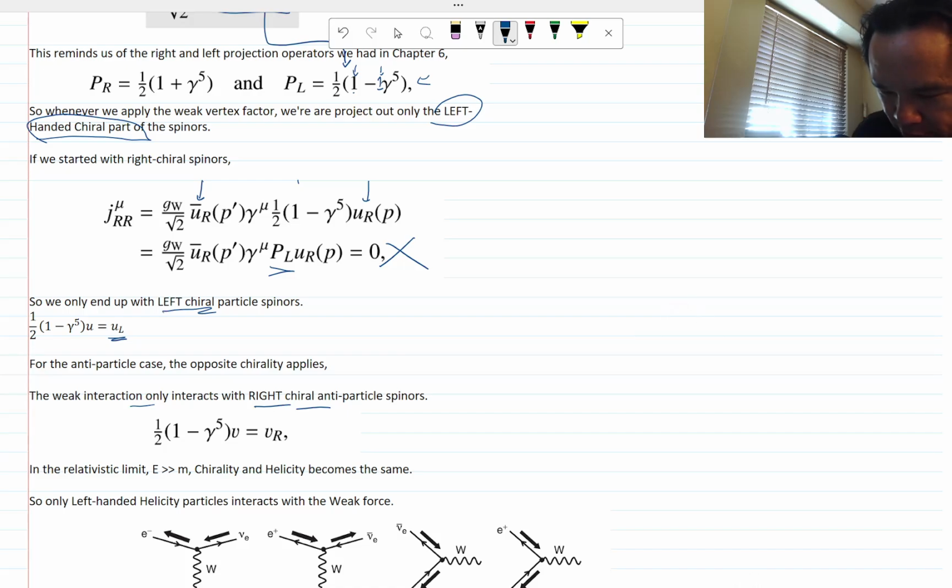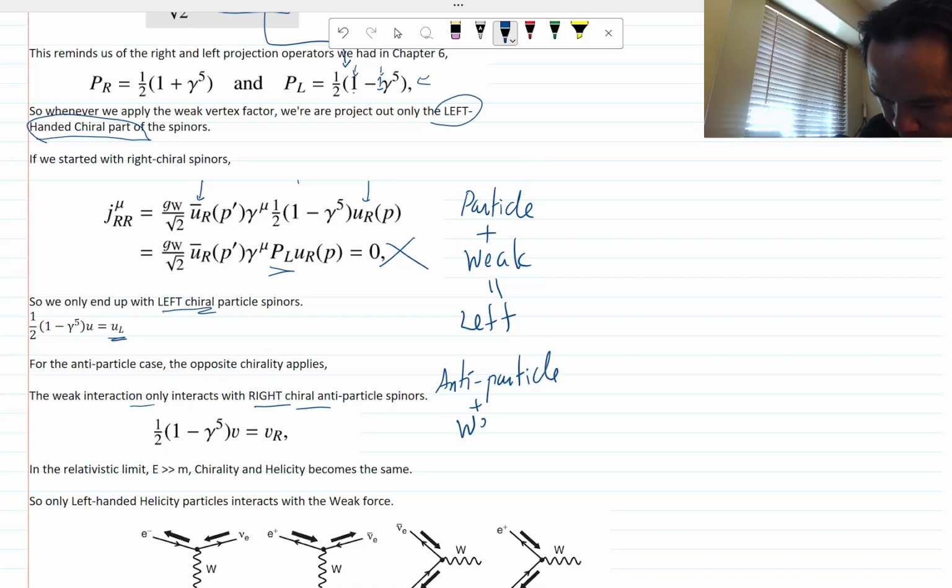So I'm just going to write this out. With particles plus the weak force, you're only going to get left-handed. But if you have an antiparticle and you want to interact with the weak force, you will only get the right chiral stuff.